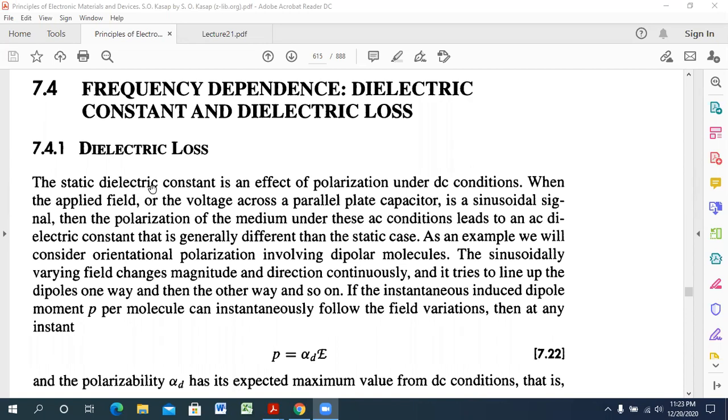In the case of dielectric losses, the static dielectric constant is an effective polarization under DC conditions. We have already learned about the DC dielectric constants. DC means it does not depend on frequency, right?